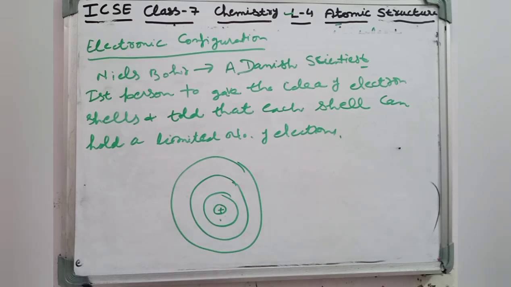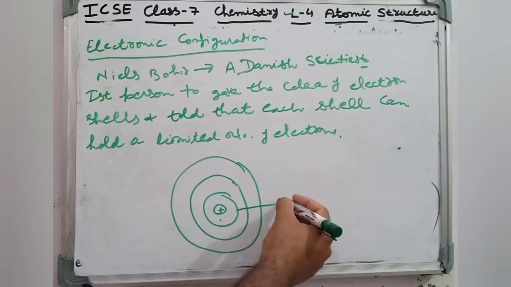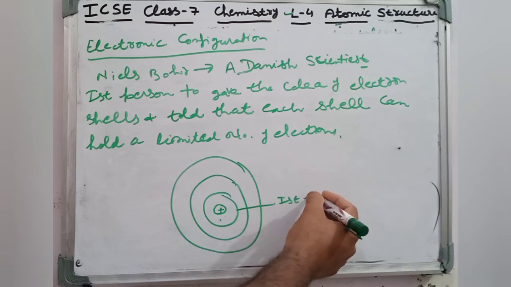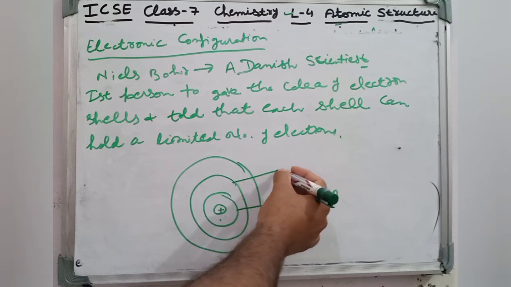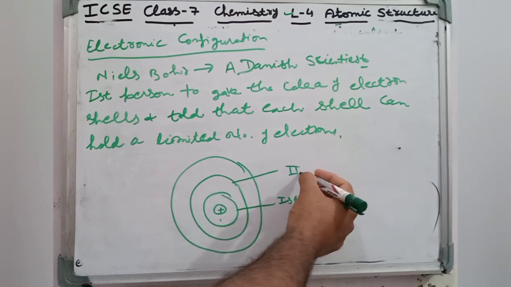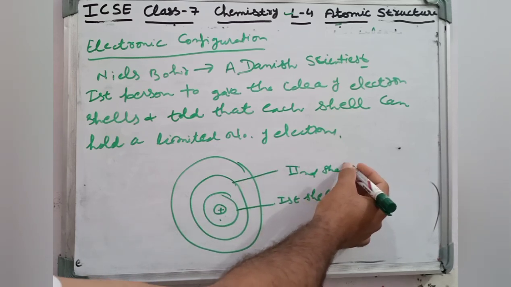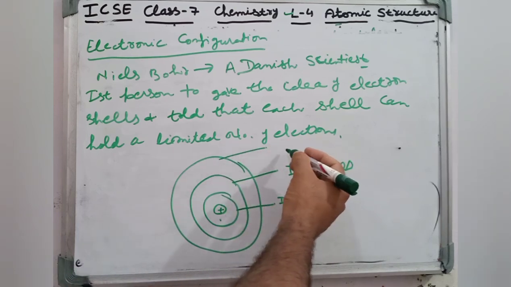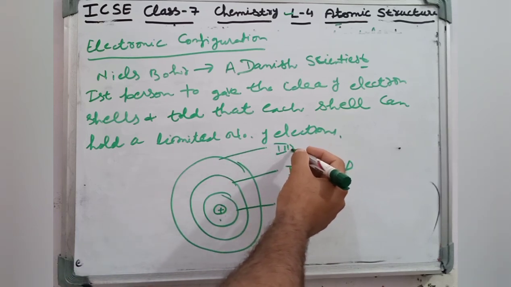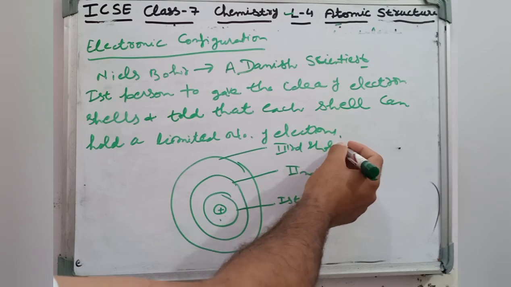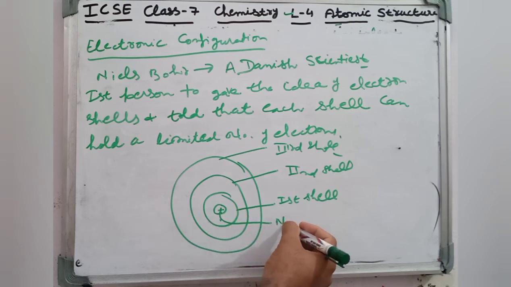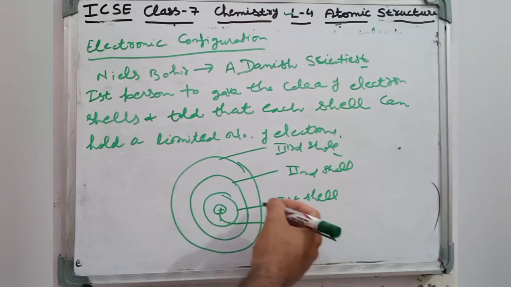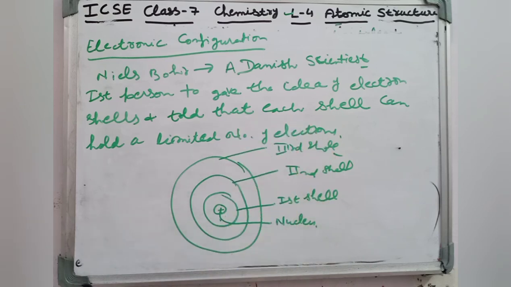Right? Now this is the first shell, this is the second shell, and this is the outermost third shell. Excluding the nucleus, there are 3 shells, first, second and third.